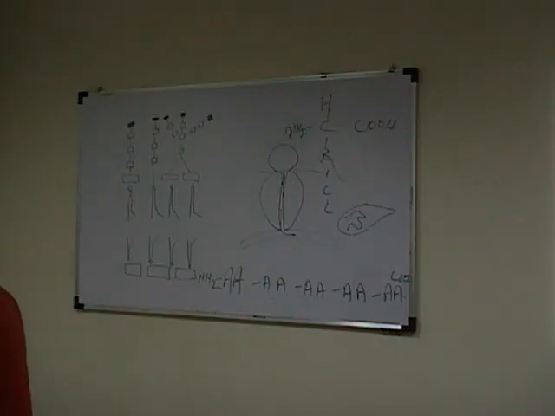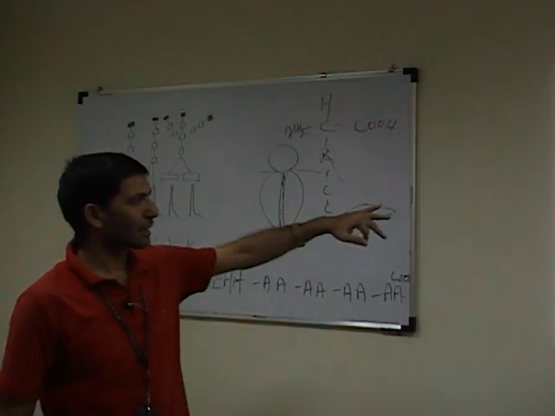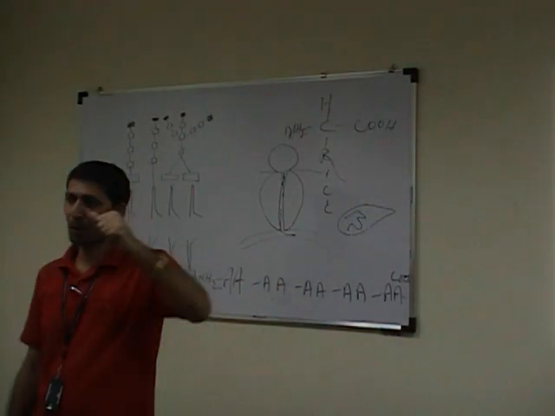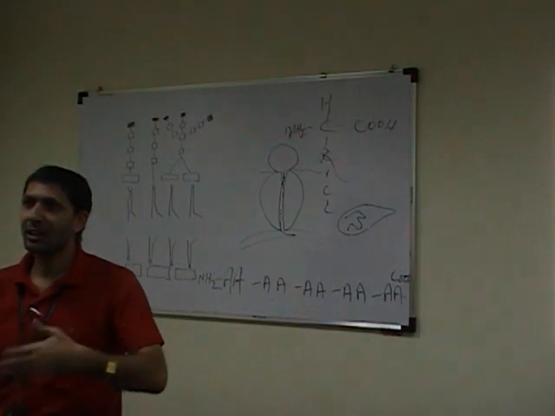Understand? Like that, when glycation end products form, they are released by the RBC, or can come out from the RBC.